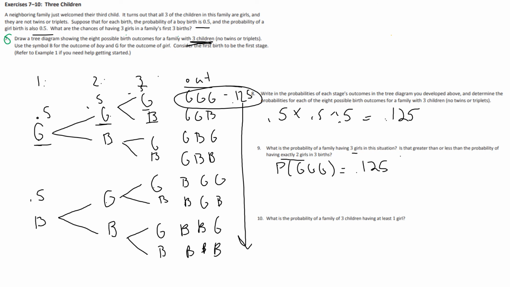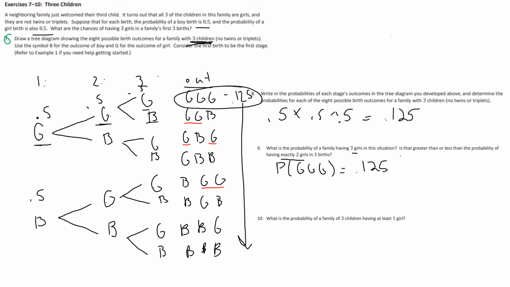So let's look at all of our ones with 2 girls. Exactly 2. So that's not this one, because this one has 3. So here we have 2 girls, here we have 2 girls, 2 girls, and then I think that's it, right? That's our only ones with 2 girls, right? So that's 3 of them.